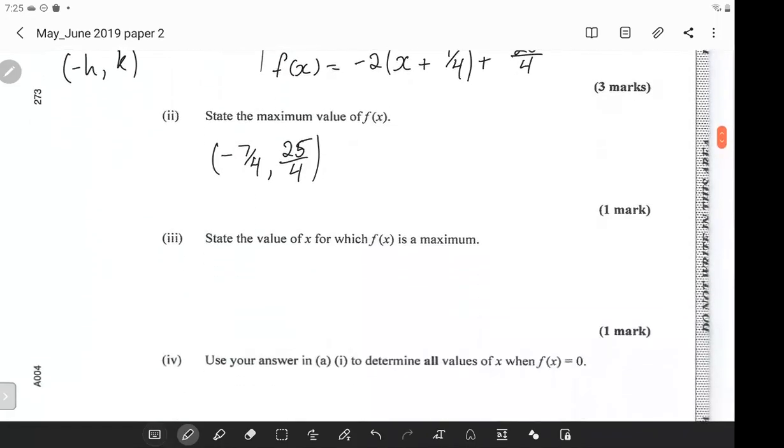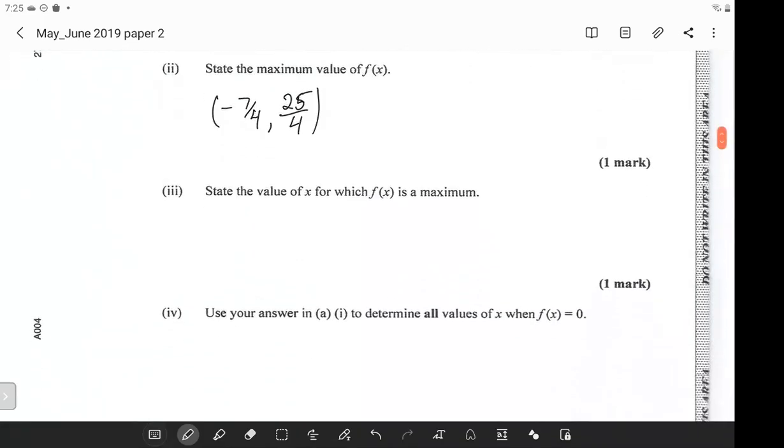State the value for x for which f of x is a maximum. Well, the value for x would be that value there. That is where the maximum f of x value occurs. So we have x equal to -7/4.